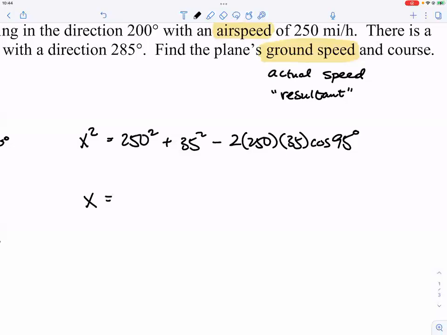If you put everything into your calculator correctly, you should get 255.441 miles per hour. Make sure you type everything correctly. I've got a student typing in 55 instead of 35.